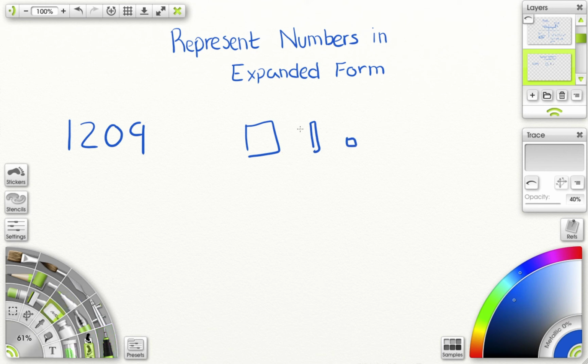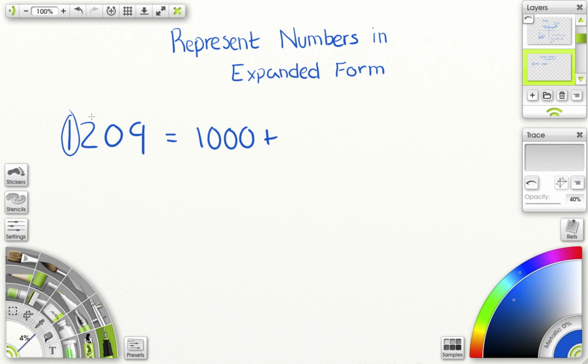So what we are doing is we're talking about how many thousands, how many hundreds, and how many tens and ones we have. So if I'm putting this into expanded form, I can represent it by 1,000 because I have 1,000. So 1,000 plus, my second digit is 2, which means 200.